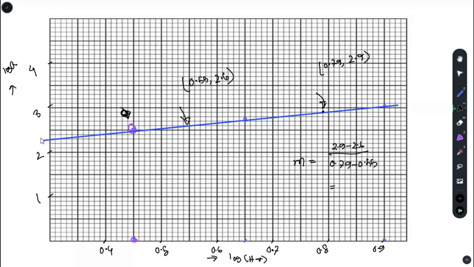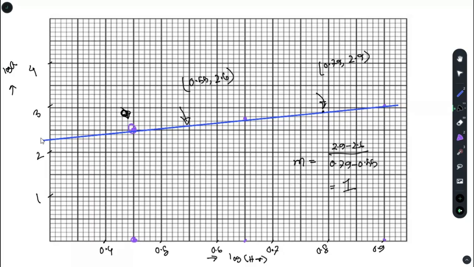That is actually 1.25. I did it previously. I need a slope of around 1. So you just do a little bit of modification, and let's say the slope is 1.